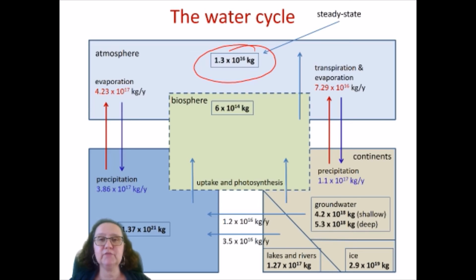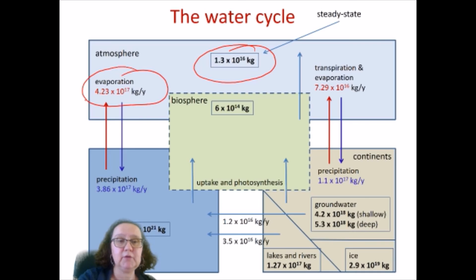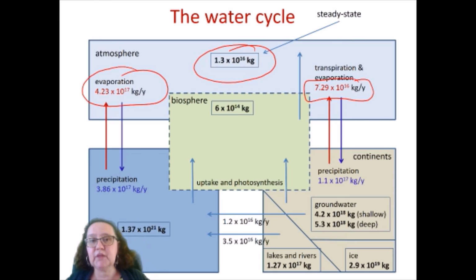So what do I have here as values for water coming into the atmosphere? Well, I've got the evaporation value from oceans into the atmosphere, and I also have the combined values of evaporation from land to the atmosphere plus transpiration, which is from the plants into the atmosphere.